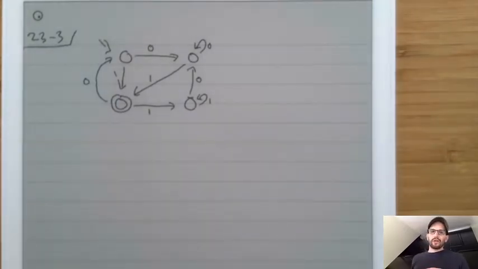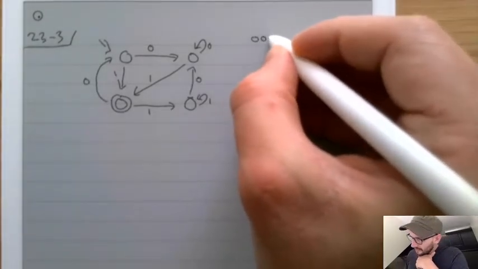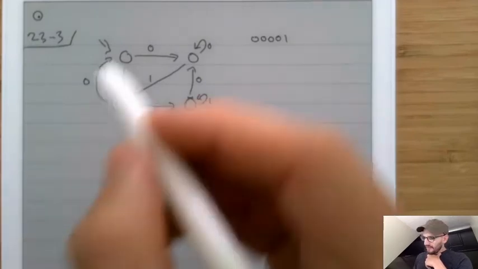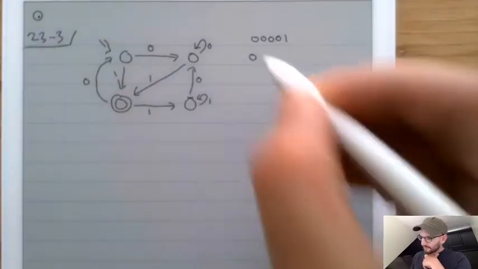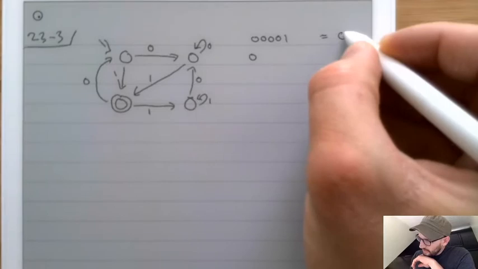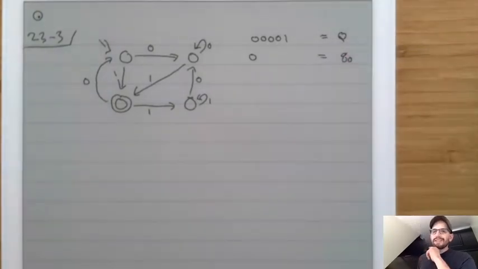Okay, so how can we encode this? Well, first of all, there's 4 states. So we're going to have 0, 0, 0, 0, 1. Okay, so that's how many states there are. Then the start one is 0. All right. So this is Q, and this is Q0. Let's put F next. I think that's nicer.